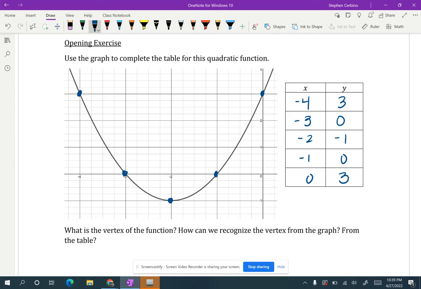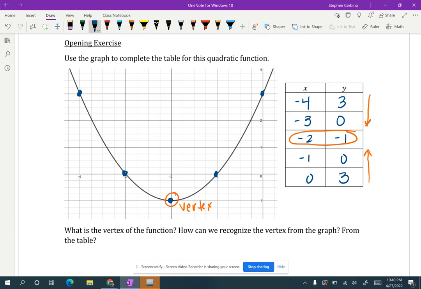We see our nice symmetrical graph here. So from the graph, the vertex or the turning point where the graph changes direction is here. From the table, that same point is located here. Notice the y values are decreasing towards -1 from both directions.